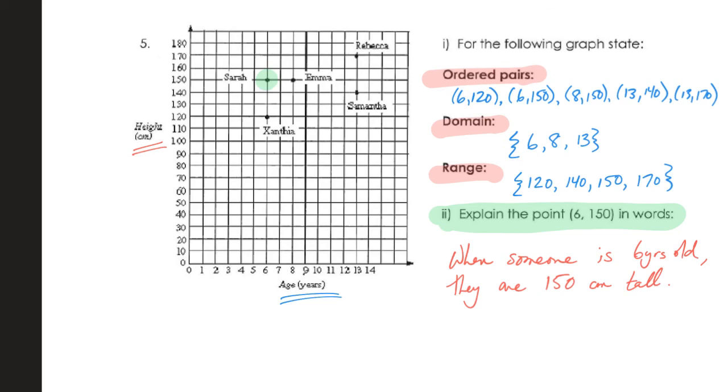Now, it dawns on me that if anybody is paying attention to this right now, that is a really tall 6-year-old. 150 centimeters tall, that's 1.5 meters. I don't know how many of us tend to think of our height in centimeters, in metric.